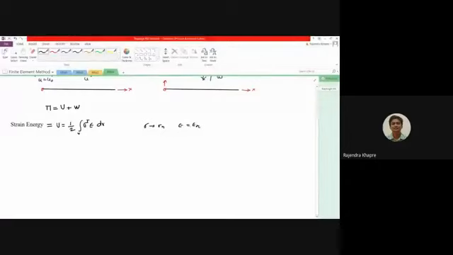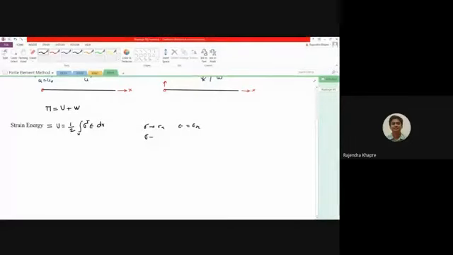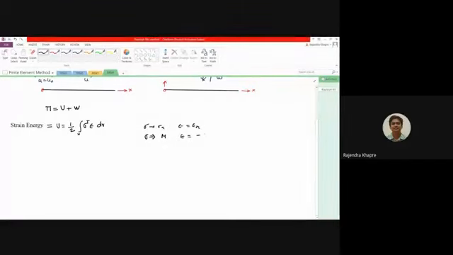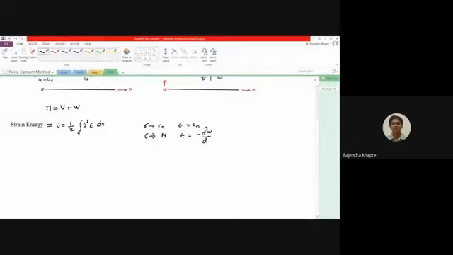But when you are dealing with beams, in that particular case, this sigma will now be replaced by moment, and the strain will be replaced by a rotation. Generally this strain will be defined as negative d square w by dx square.